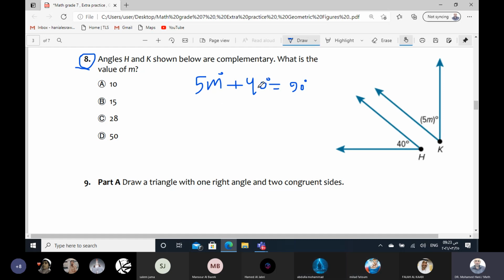Remove 40 from here, so minus 40, remains here 5M equal 90 minus 40 will be 50. Now divide by 5, so M equals 50 divided by 5 will be 10. So you can choose number A. So the value of M will be 10.